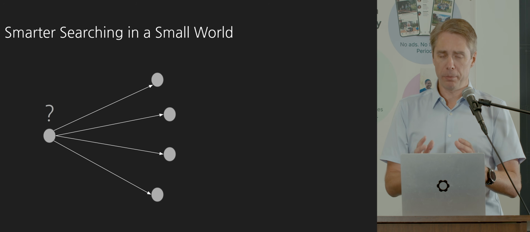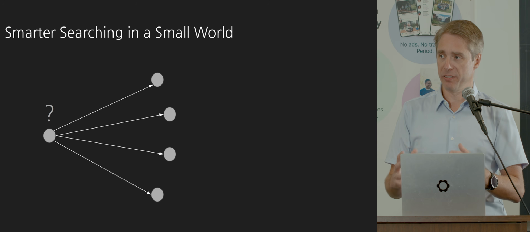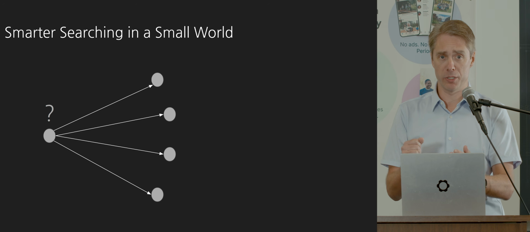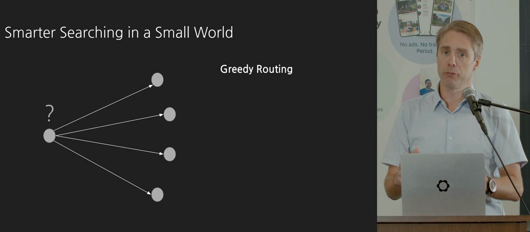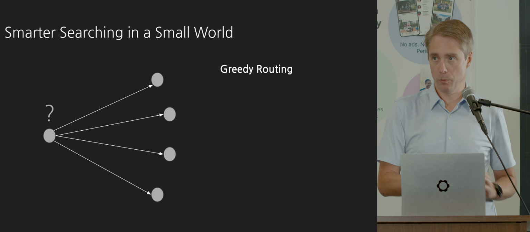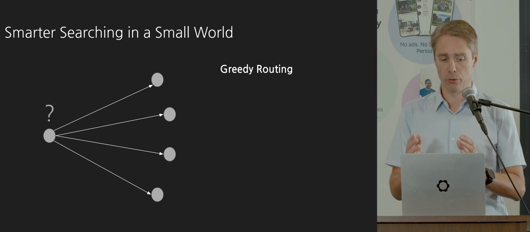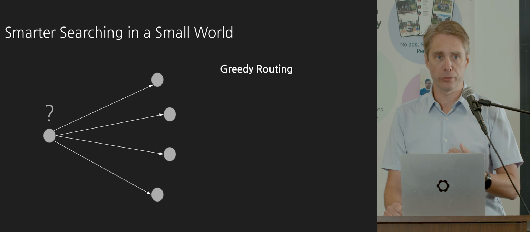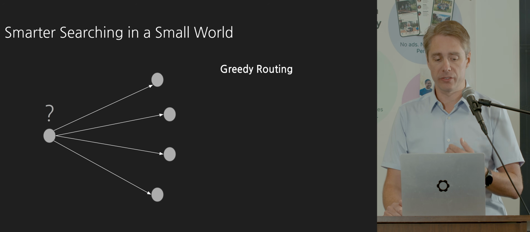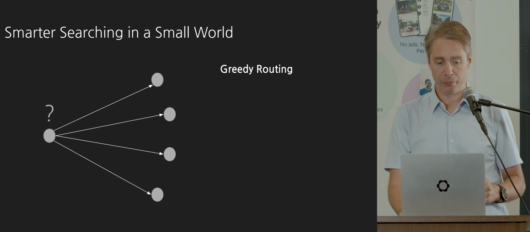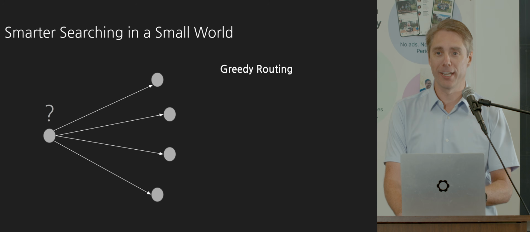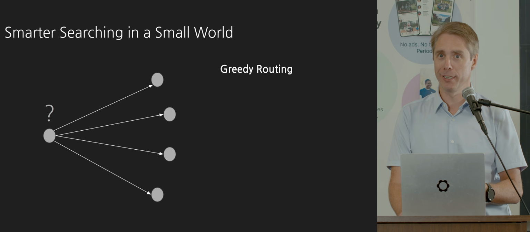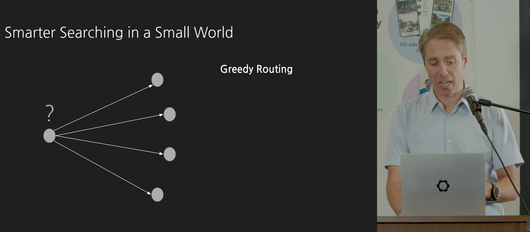But when a peer is trying to find a specific bit of data and it's deciding which peer to route through, there are a variety of approaches. The simplest approach, which I just described, is called greedy routing, where you just route the request to the peer that is closest to the data that you're looking for. And that works, and that's how the very first version of Freenet 24 years ago actually worked.